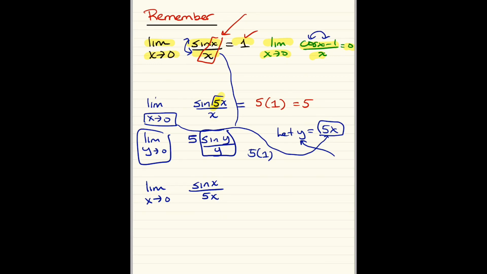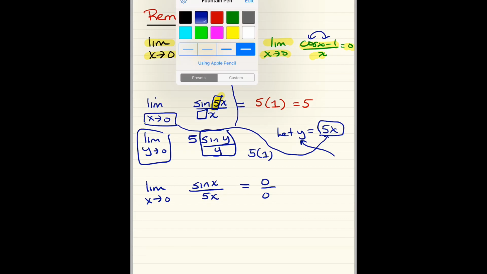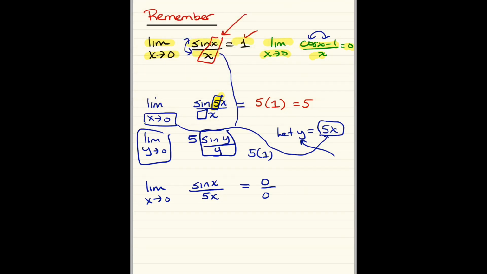It's always going to be this one over this one. So in this case, you should substitute 0. Once you substitute 0, sine of 0 is 0, 5 times 0 is 0. You get 0 over 0, then you should say, oh, that's that special one. Great. So the number in front of this x here is a 1, and the number in front of this x here is a 5. So this answer is actually 1/5.